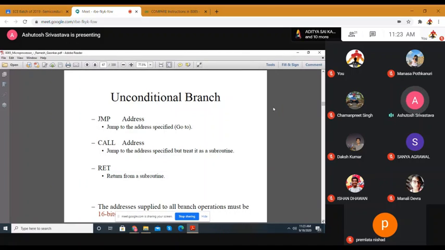Now, if you have a kind of a subroutine which is, say, performing, let's take an example of multiplication. So multiplication can be performed by repetitive addition.